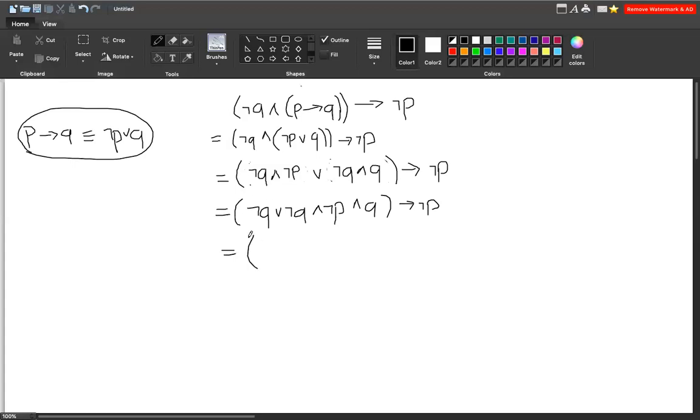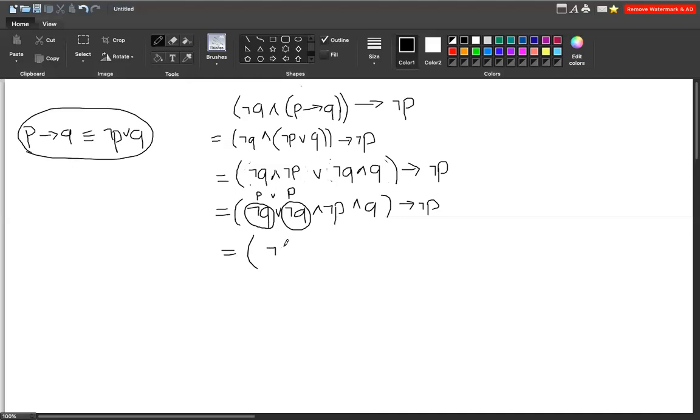If we consider this thing here as P, and because this thing over here is just the same thing as we assumed, it's going to be P as well. So we know that P or P is P itself, right?